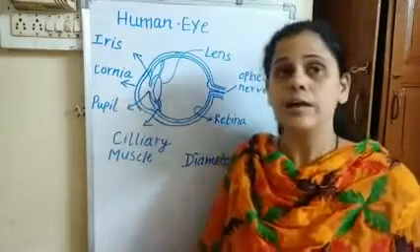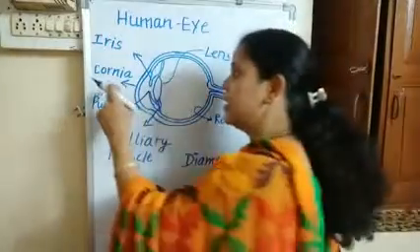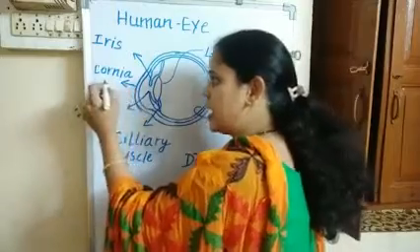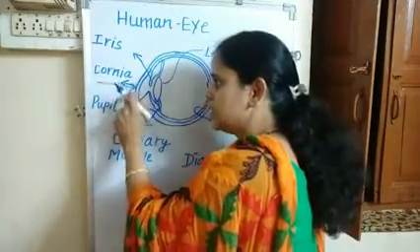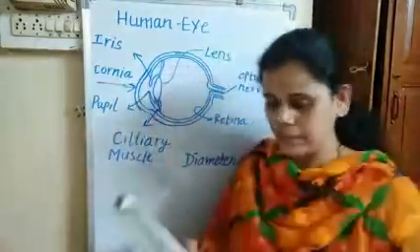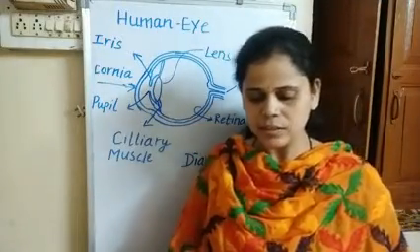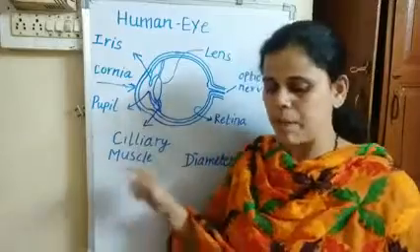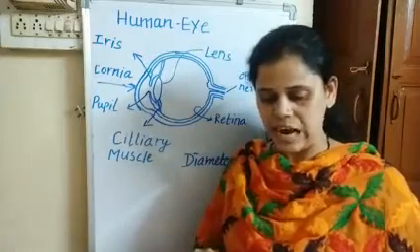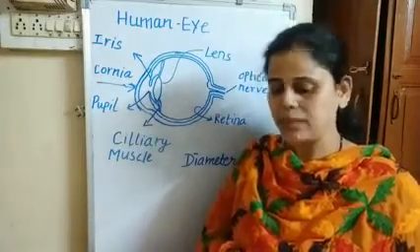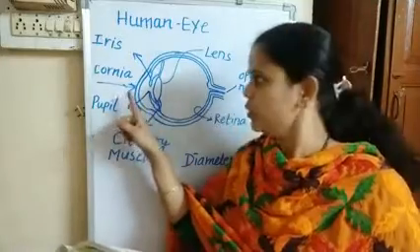It's clear, and most of the light rays are refracted on this surface when light enters. Light enters the eye through it. The maximum amount of incident light is refracted inside the eye through it.